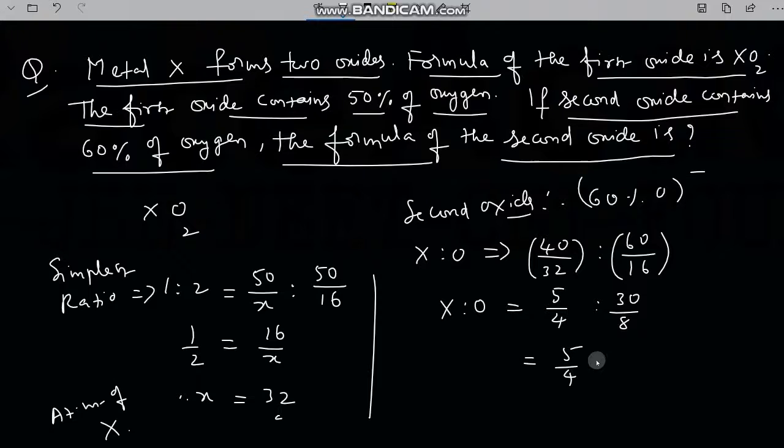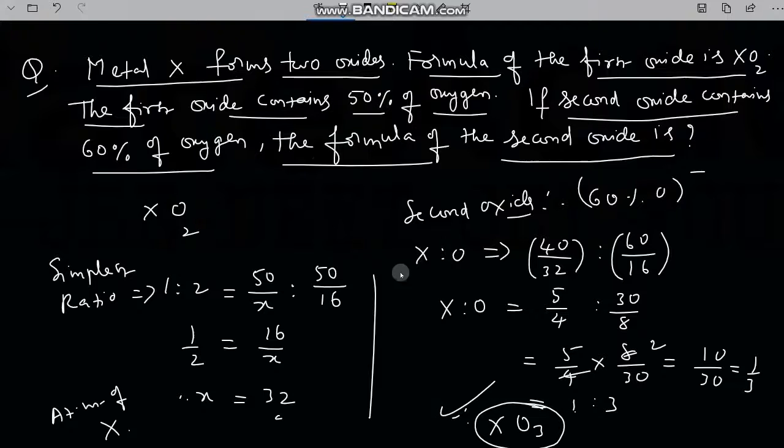So it is 5 by 4 into 8 by 30. 2 times cancel. So 10 by 30, and 10 by 30 means 1 by 3. 1 is to 3. Therefore the formula of the compound is XO3. The formula of the compound given in the question is XO3.